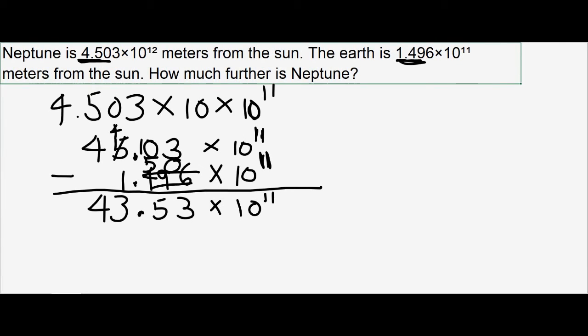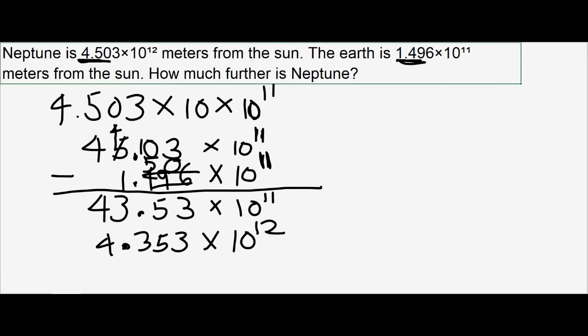With scientific notation, there's one additional rule. We have to get this back to the point where we have a number between 1 and 10. We only want one number to the left of the decimal place. So I can now call this 4.353 times 10 times 10 to the 11th, which is times 10 to the 12th.